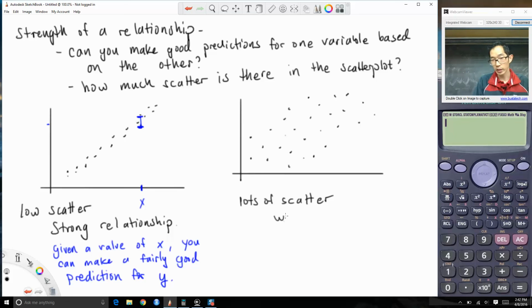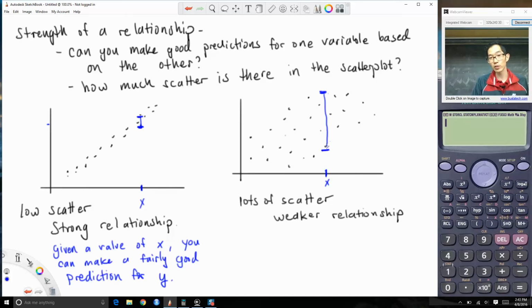So here we would have a weaker relationship. And then if I give you a particular value of x, if x is right here, what are plausible values for y?